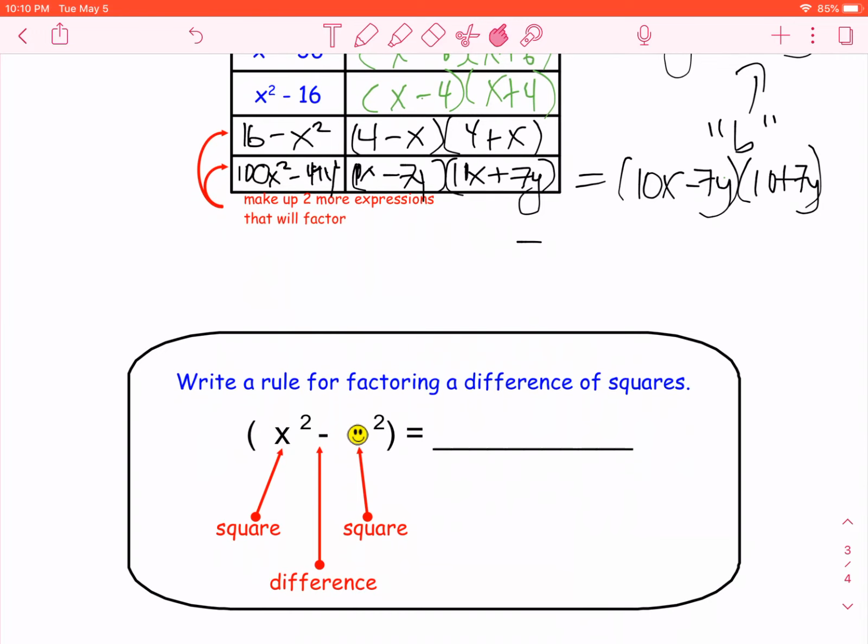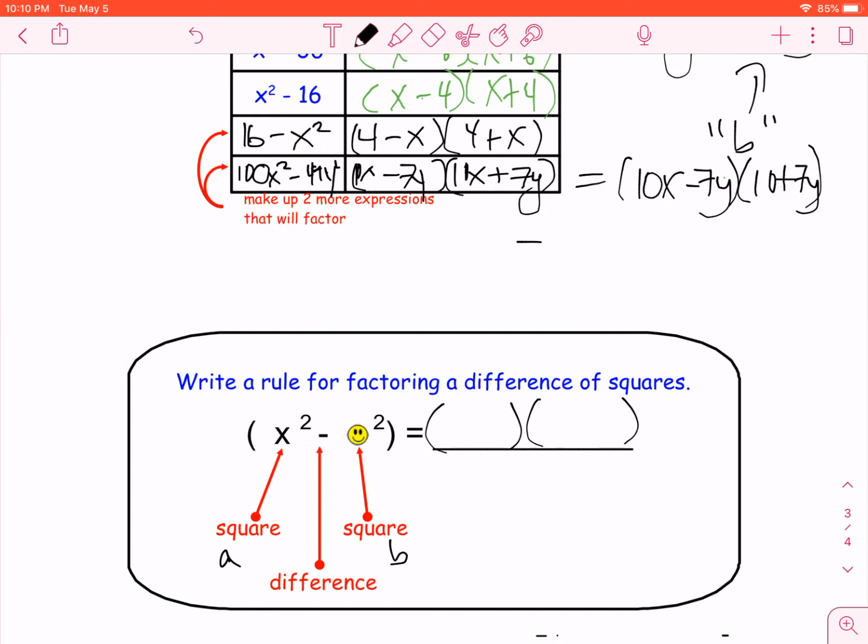So our rule: write a rule for factoring a difference of squares. If this was our rule, we have x squared minus smiley face squared. Our a term, our b term, we square root each term and write them as two binomials.